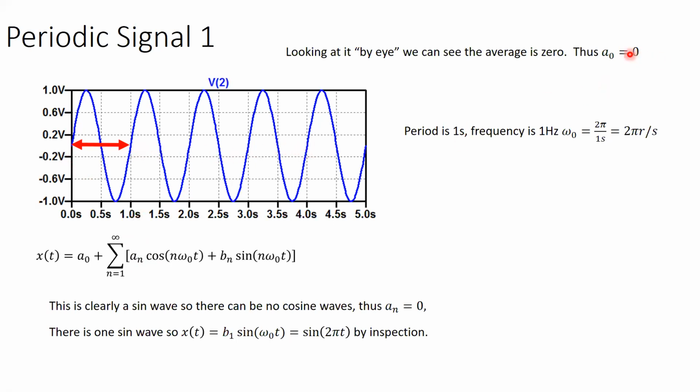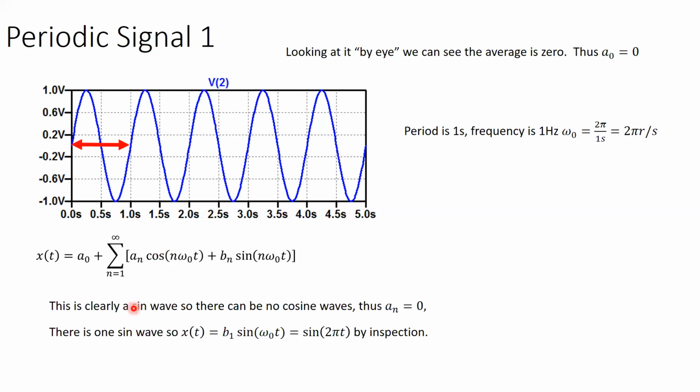So A naught is going to be 0. Frequency, well, the period is 1 second. That's 1 hertz. So omega naught is 2 pi over 1 second, or 2 pi radians per second. Okay. So I found omega naught. I found A naught. And that would be enough for that homework question 1.